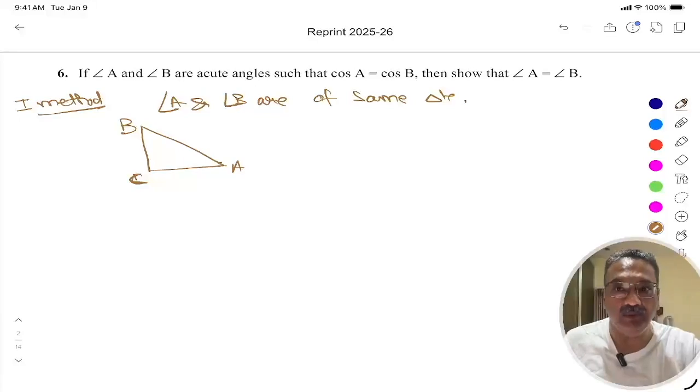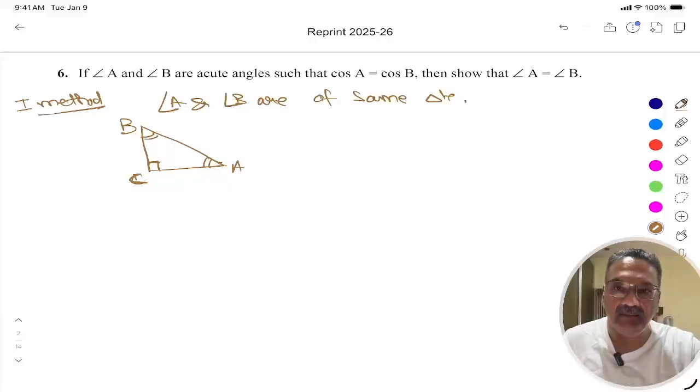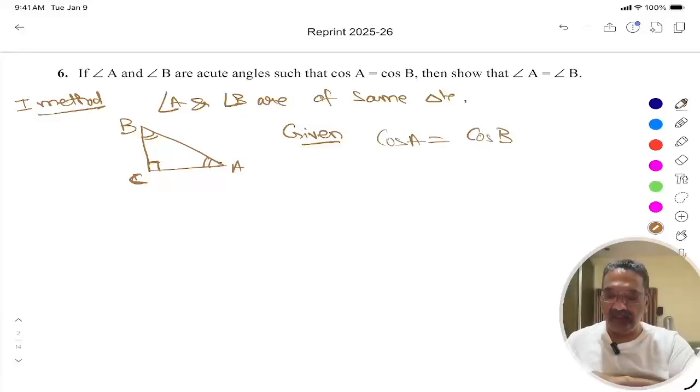Angle A and B are both acute angles, so it cannot be right angled at A or B. So angle C will be the right angle. Here we have to prove that angle A is equal to angle B. What is given is cos A is equal to cos B.